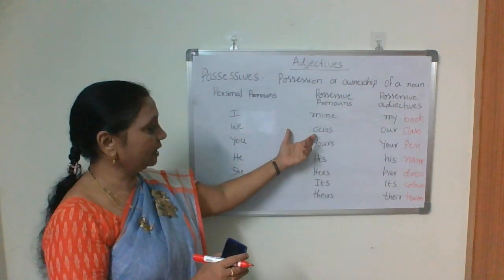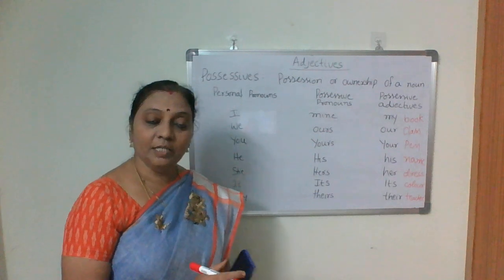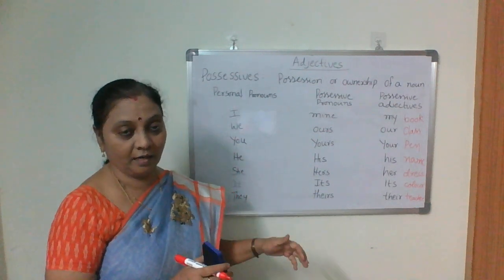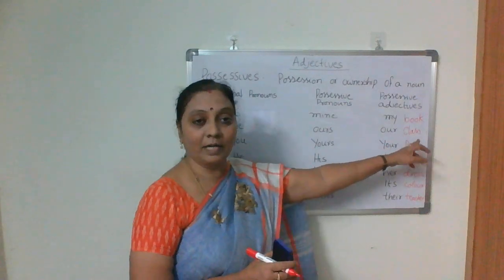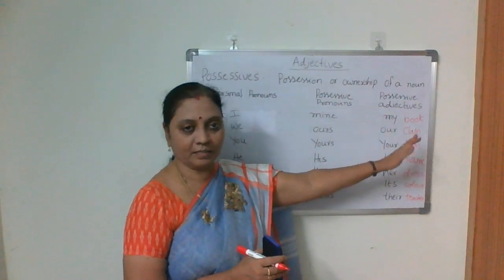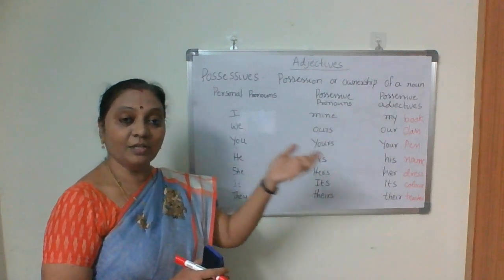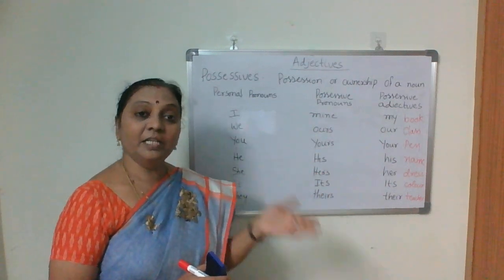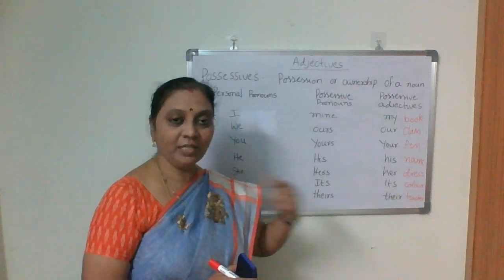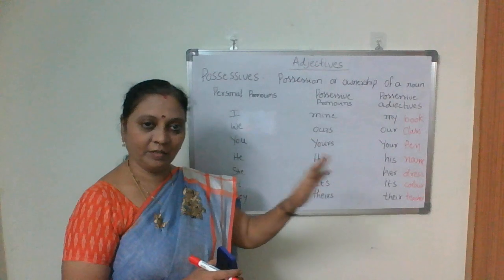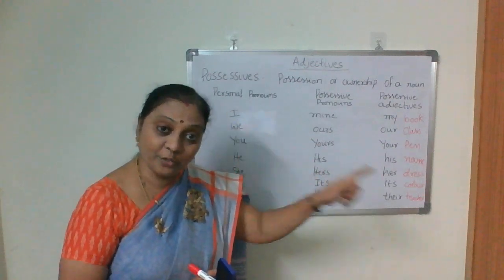Is it clear like that? Everything. This room is, this class is ours. This class is ours. This is our class. So exactly everything if you take up, that pen is yours. That is your pen. See the difference. That is yours. That pen is yours or that is your pen.